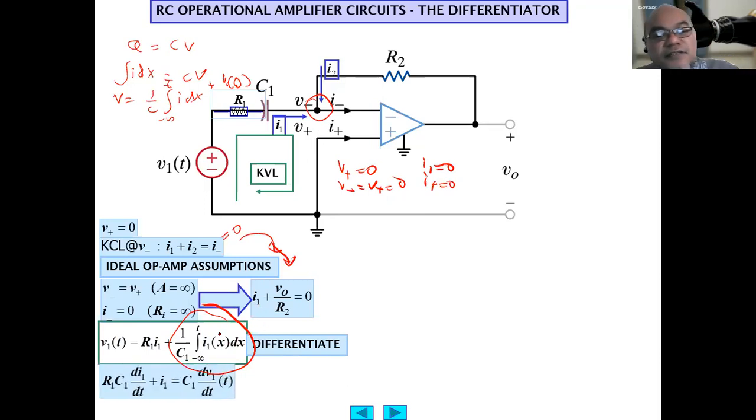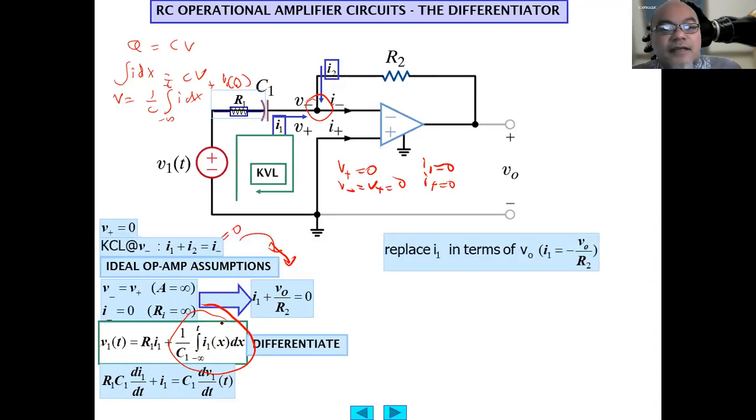So let's differentiate from here. Differentiating each term, we multiply each term by C1 first. So it becomes C1 dV1/dt equals R1 C1 dI1/dt plus I1, since the integral term becomes I1 at t. Then from here we can replace I1 with negative V output over R2.